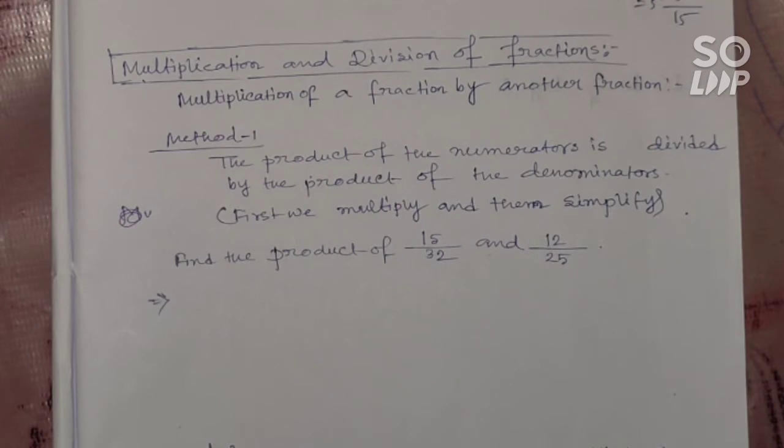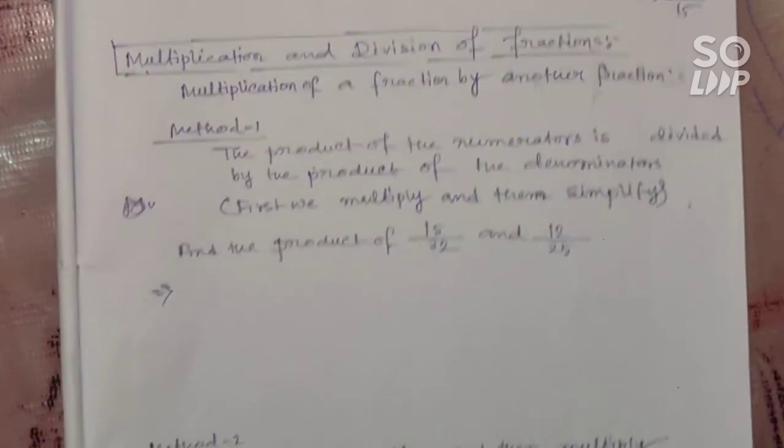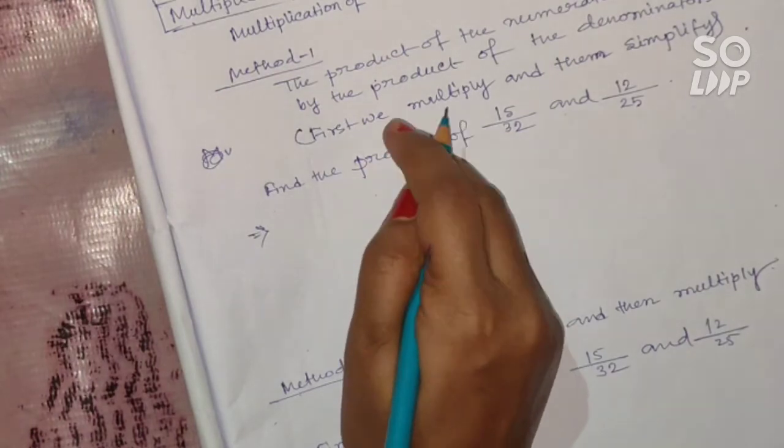Okay. First method. How can you multiply a fraction by another fraction? You have to find the product of the numerators, divided by the product of the denominators. That means first we need to multiply and then we need to simplify. Okay, let's see an example.